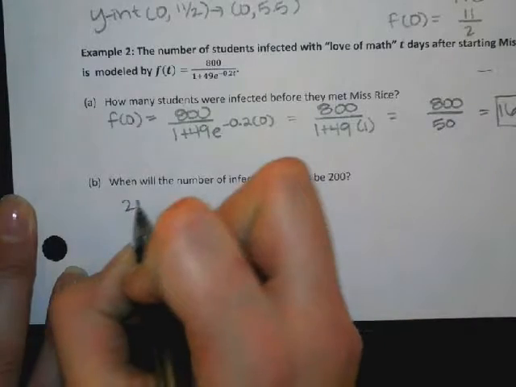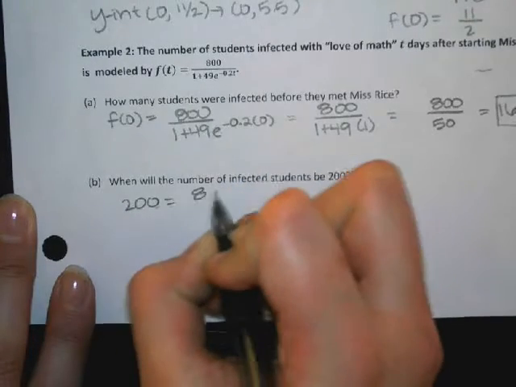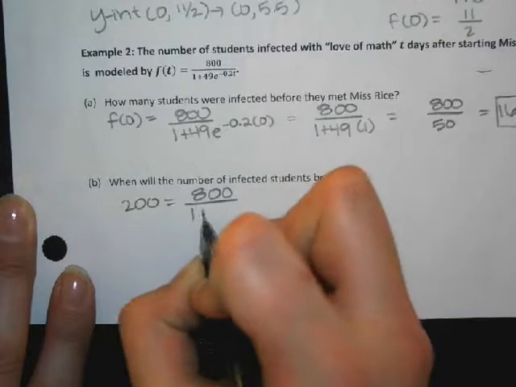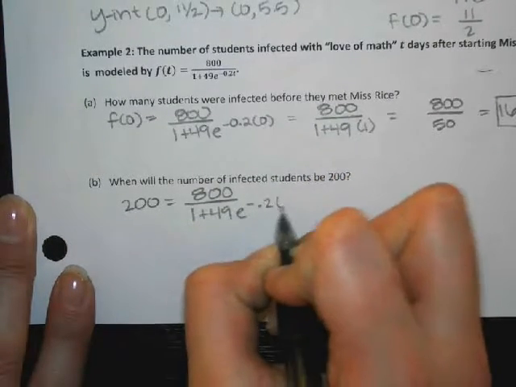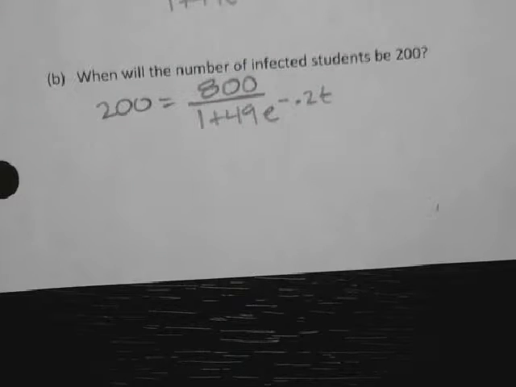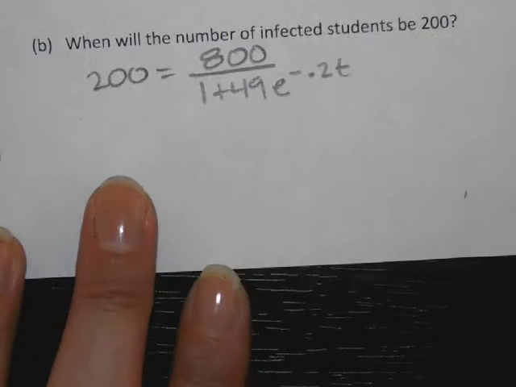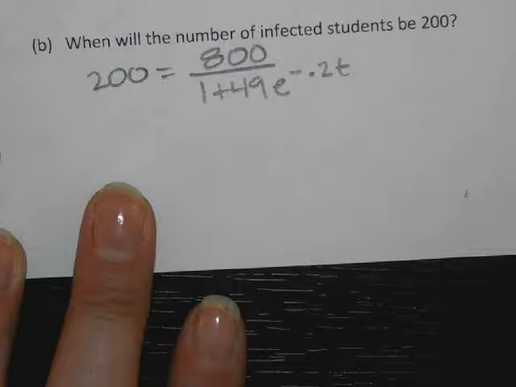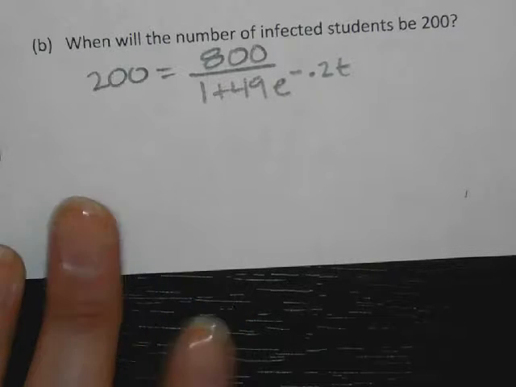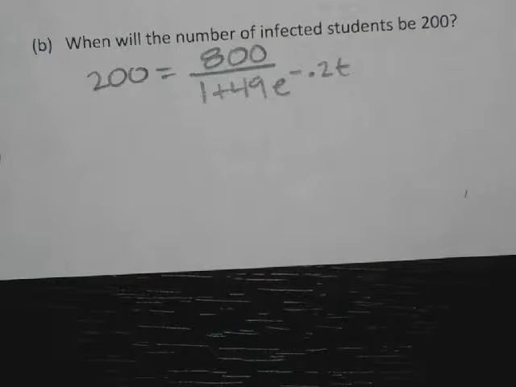So 200 students equals 800 over 1 plus 49 e to the negative 0.2t. So our variable, we're finding t. Our variable's on the bottom of a fraction. Do we want it on the bottom? No. So what should we do?